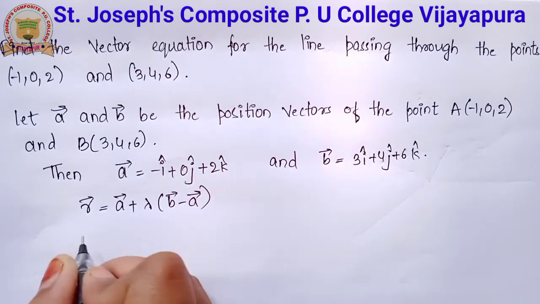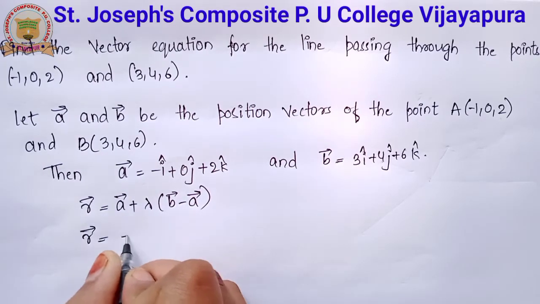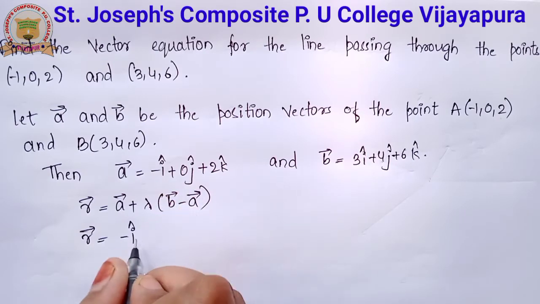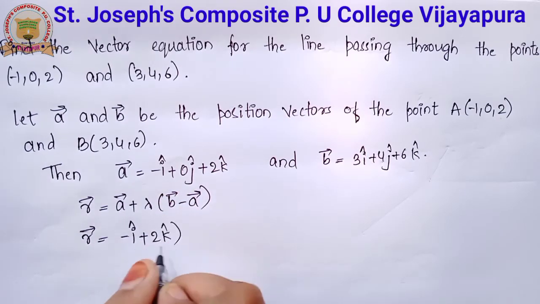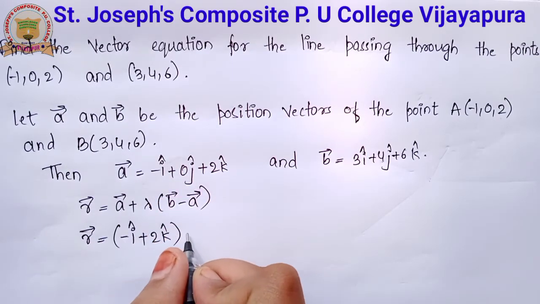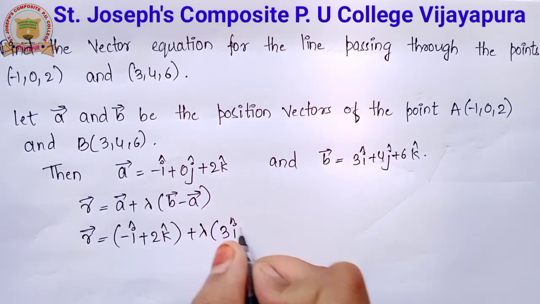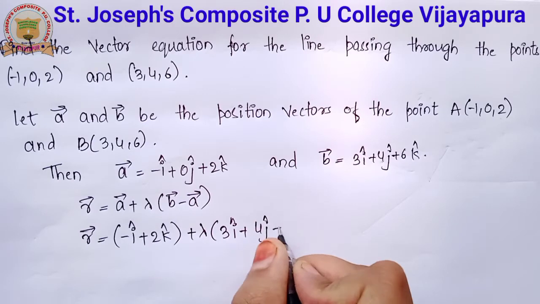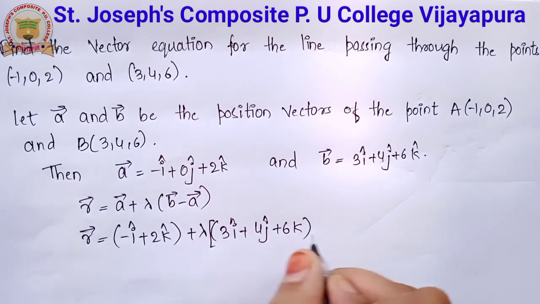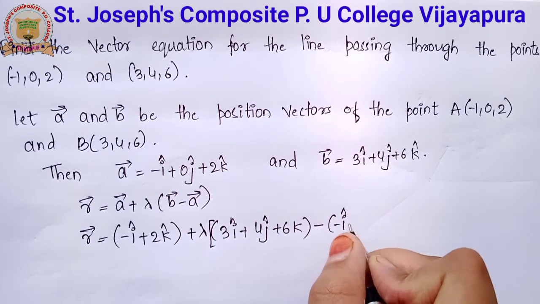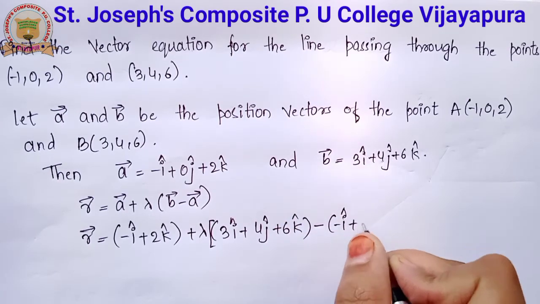Substituting, we get r vector is equal to -i plus 2k, since the 0j can be left out, plus lambda times (3i plus 4j plus 6k minus (-i plus 2k)).